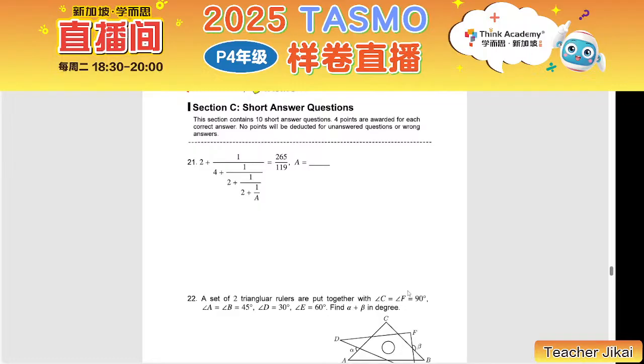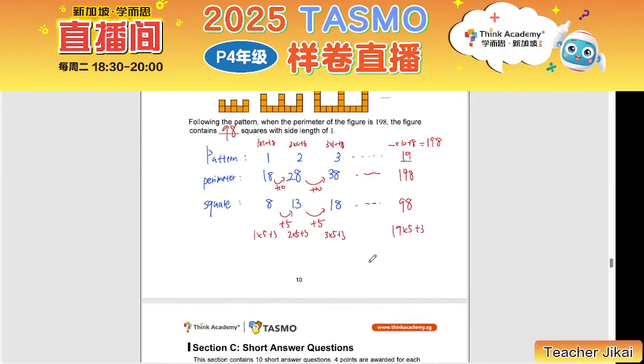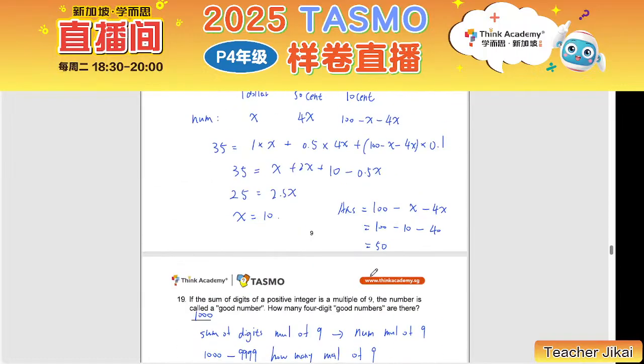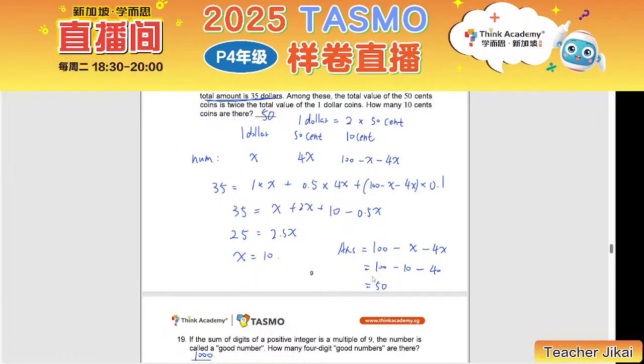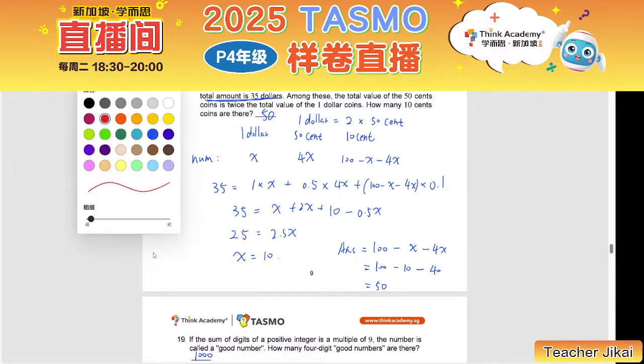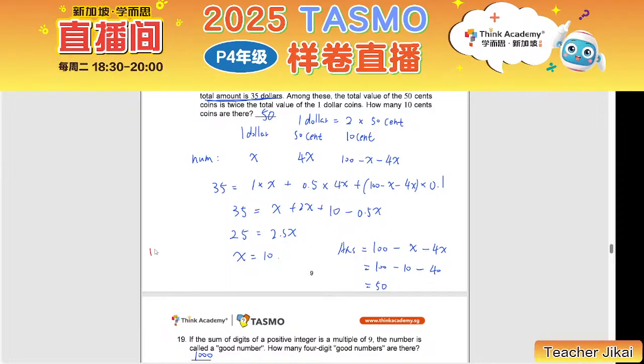Why is it 4x for the previous equation? Let me have a look. Because we know $1, I give you an example. If $1 has a total value of 2, then 50 cents is twice the number, so the total value is 4.